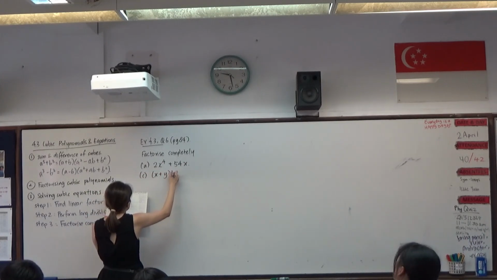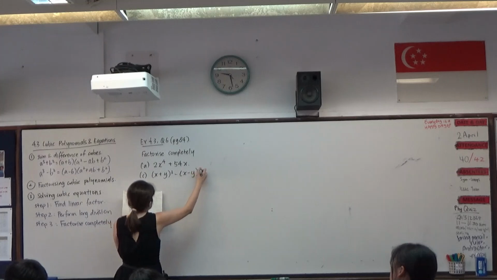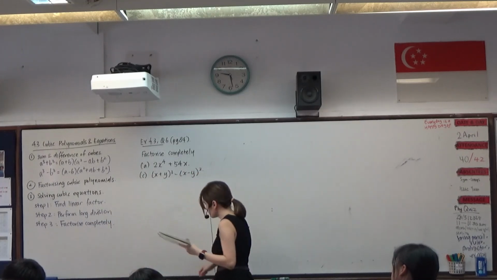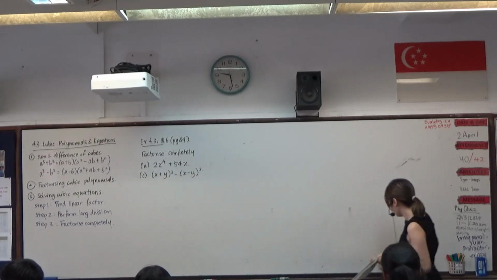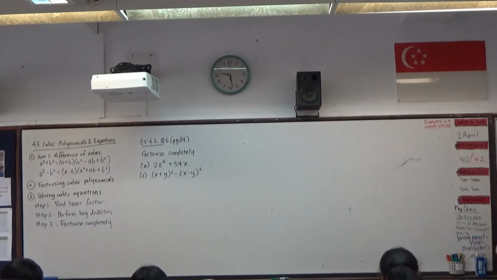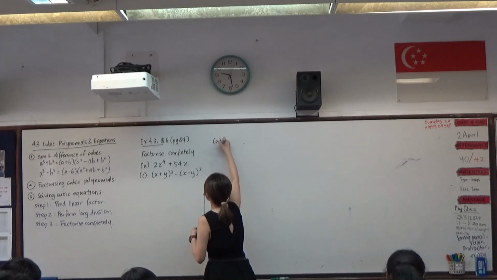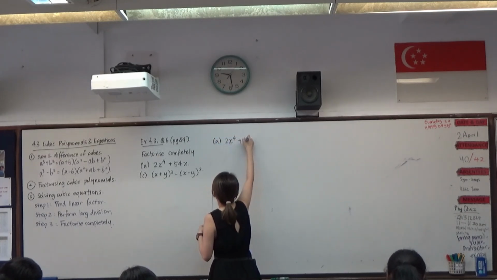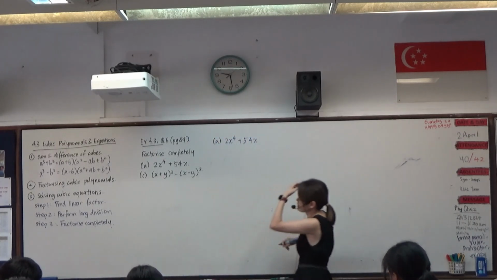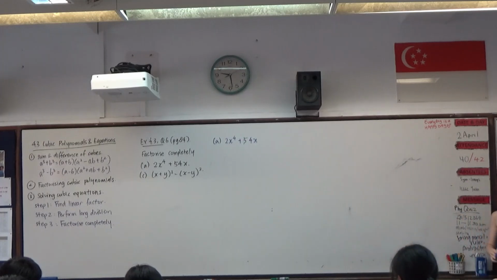We look at these two expressions. So how do we factorize this? Let's look at part A first. Any ideas on how to factorize this? We're looking at factorizing.